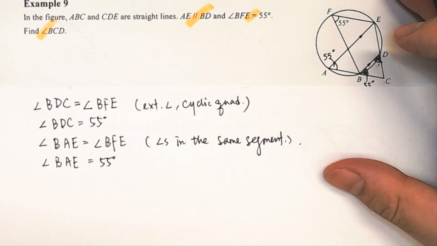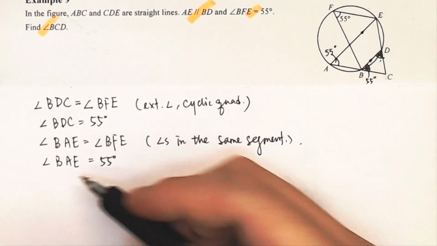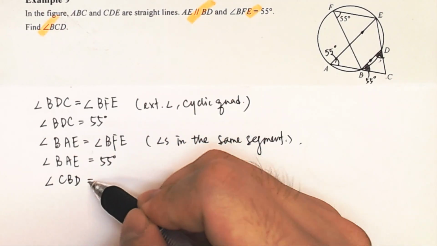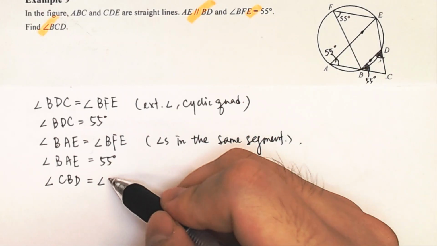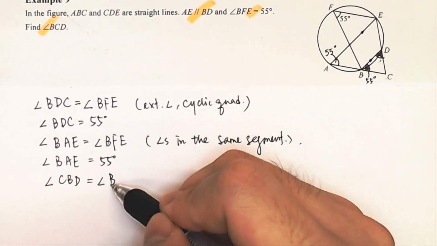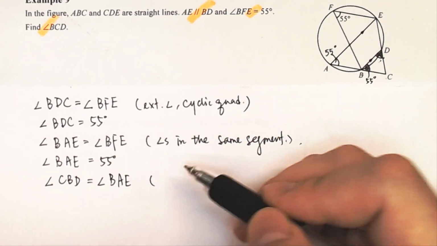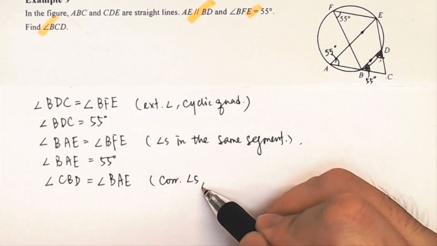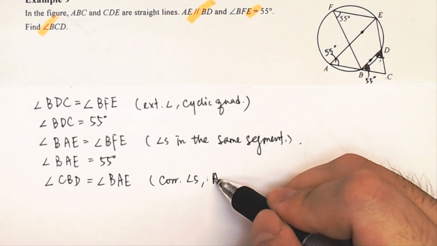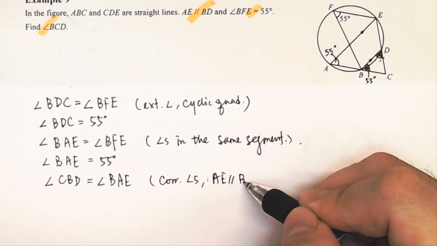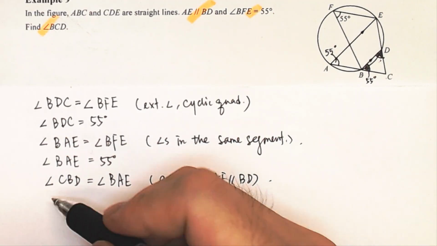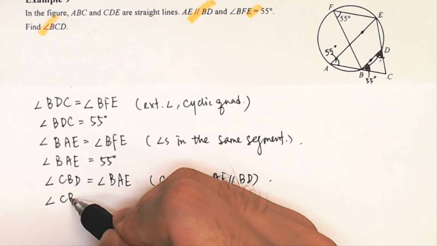We have angle C dot equals angle AE, which are corresponding angles, AE parallel to dot. So angle C dot is 55 degrees.